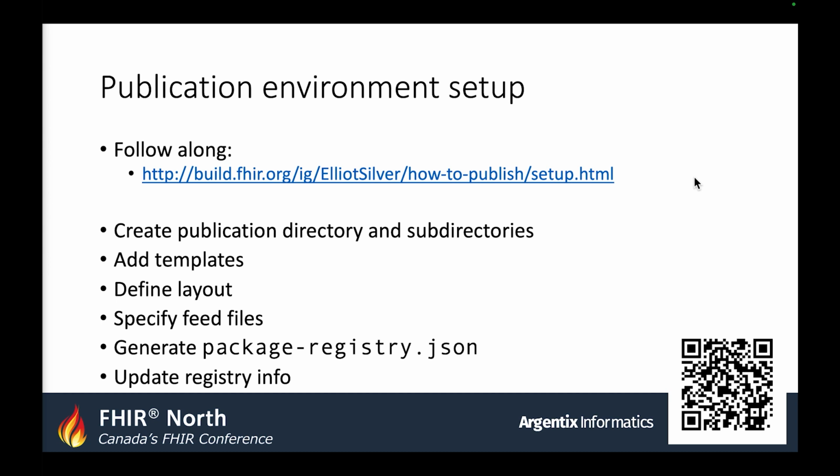We've created the publication directory and subdirectories. We've added the templates to it. Theoretically, we would have customized them. We've defined the layout for our website, specified the feed files, generated the package registry, and updated the registry info file. All good. Okay.